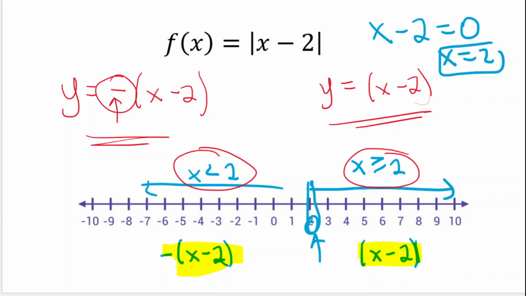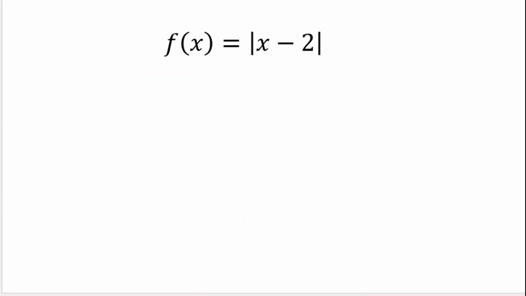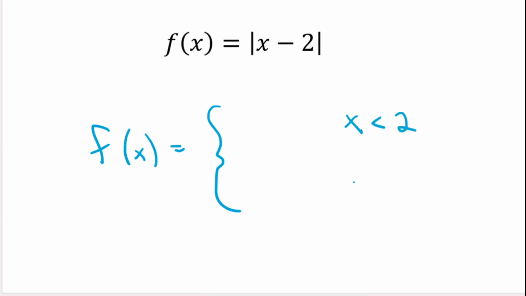And from that, we can write the piecewise function. So this function as a piecewise function has one rule when x is less than 2 and another rule when x is greater than or equal to 2. When x is greater than or equal to 2, we just do exactly what that says, but ignore the absolute value signs.